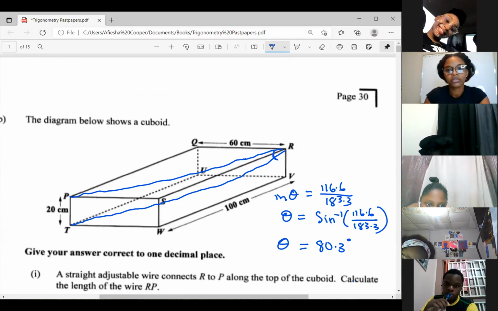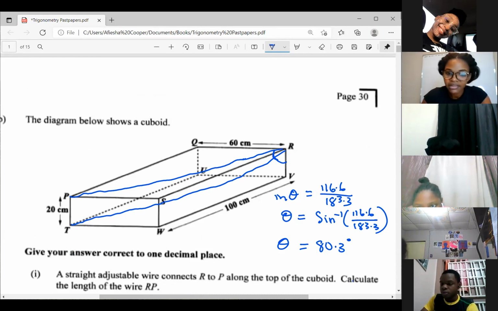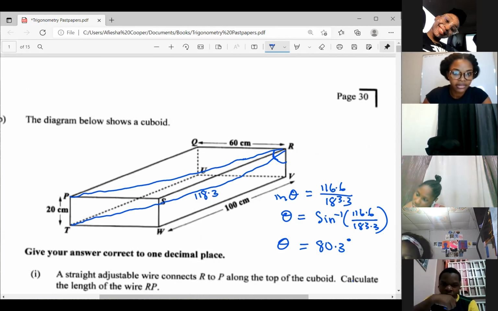Miss, we know the sides of the angle, so we could use tan, and the adjacent is 116. What's the length of TR? It's 118.3. What's the length of the top? 116.6, right?